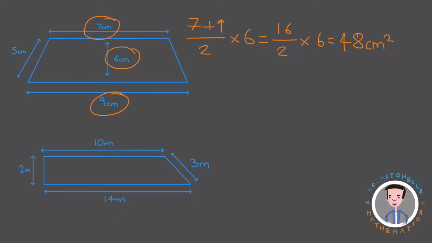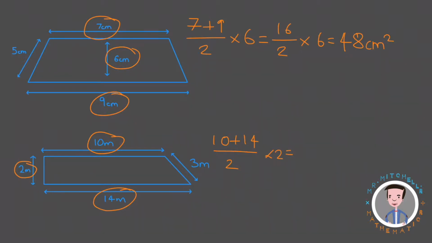Good, let's have a go at the other one. In this example, the two parallel sides are the 10 meters and the 14 meters. So 10 plus 14 divided by 2, and the height is this measurement here, 2 meters. So we times that by 2.